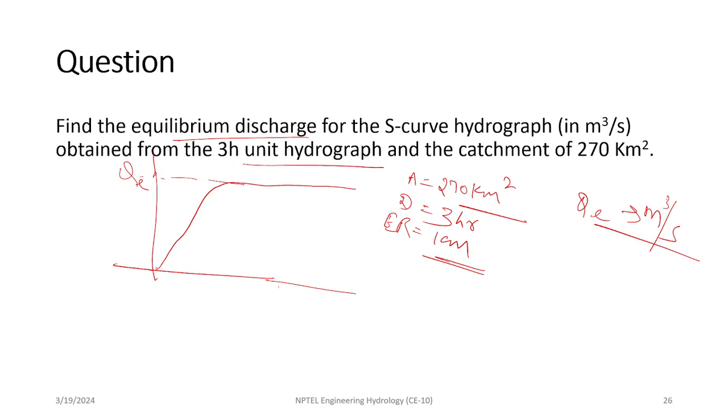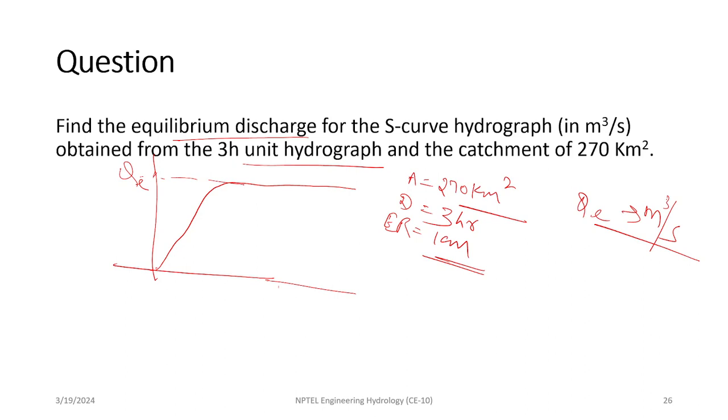See, there is no hard and fast formula or concept working in such types of questions. It is just a kind of unitary method, or you can also approach from the unit. We want to compute the equilibrium discharge, so the unit will be meter cube per second. Now how can we get it? Think in a catchment scenario.